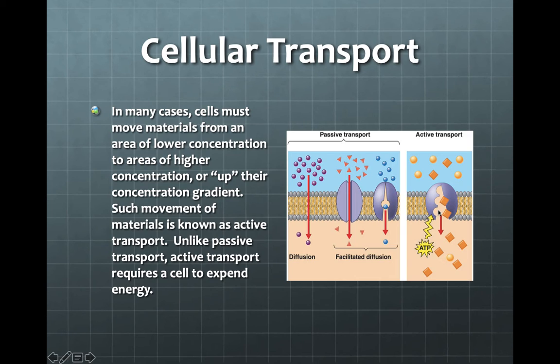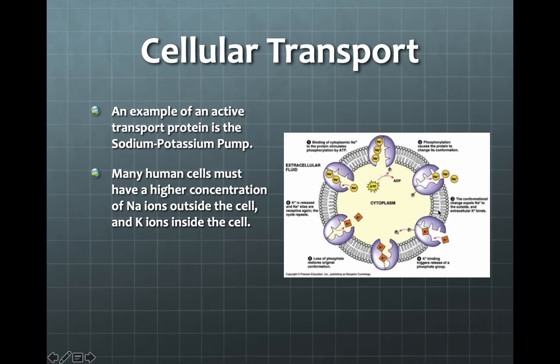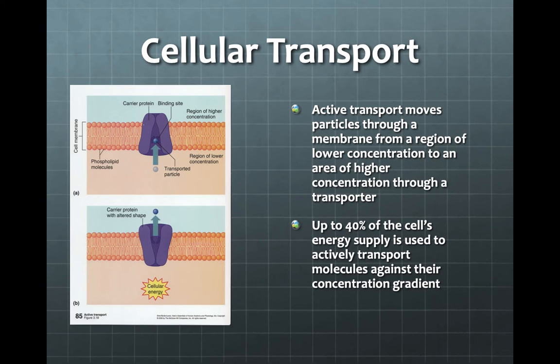So active transport moves particles through the membrane from a region of low concentration to a region of high concentration using energy. And up to about 40% of the cell's energy supply is used for active transport of molecules to go against the concentration gradient, as we see to the left here.